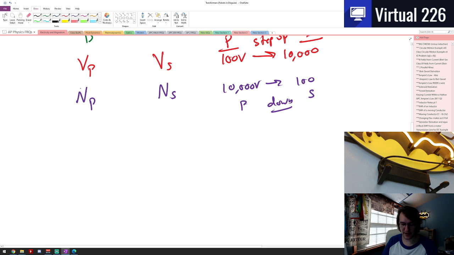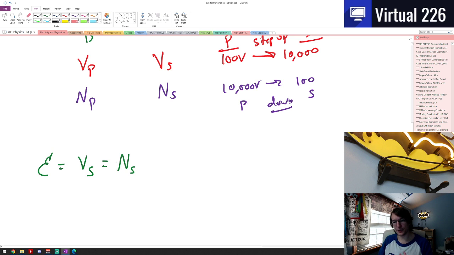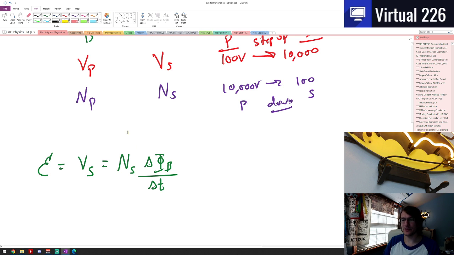So what this essentially allows us to say is that if you have an EMF, then your voltage in the secondary coil is going to equal the number of turns in the secondary coil, multiplied by some change in flux amount, right? This is the delta flux divided by delta T. In this case, we put the N on the outside. We don't include it with the flux because we're talking about the secondary coil here.